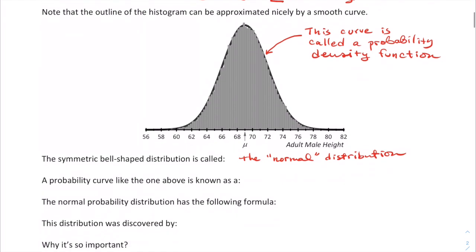It's also referred to as the Gaussian distribution, and that's named after the guy who didn't really invent it first.